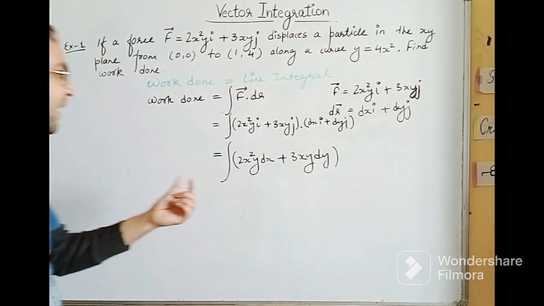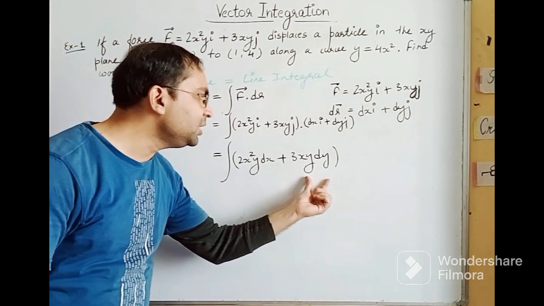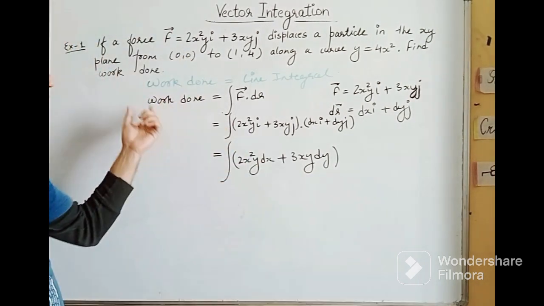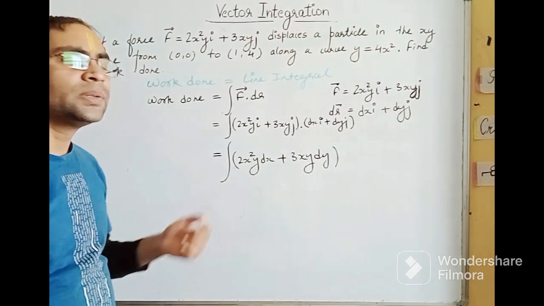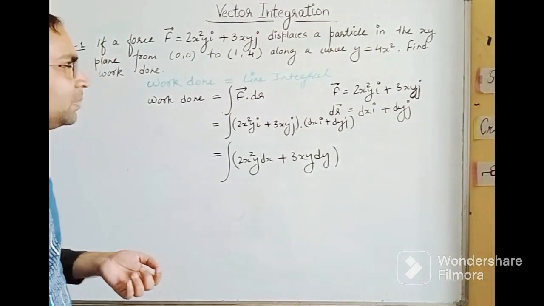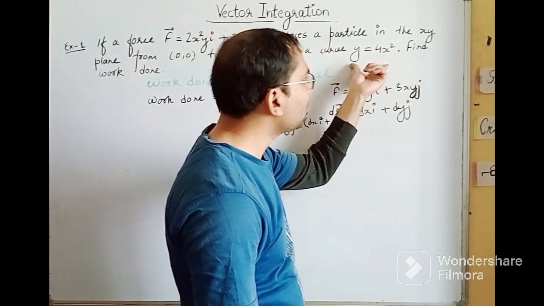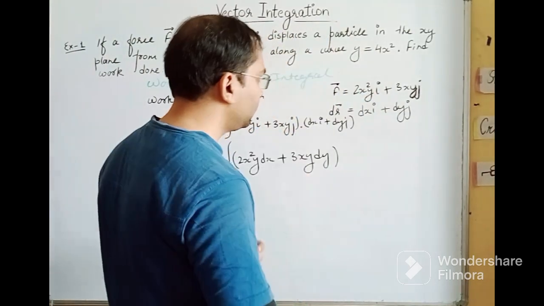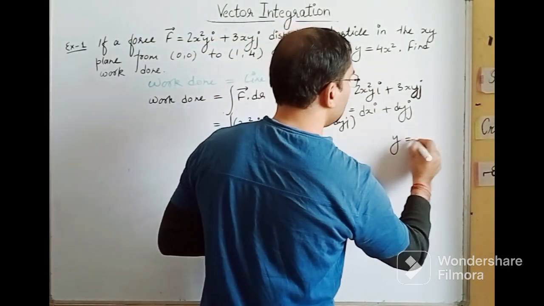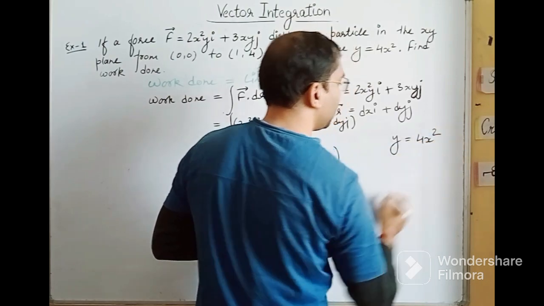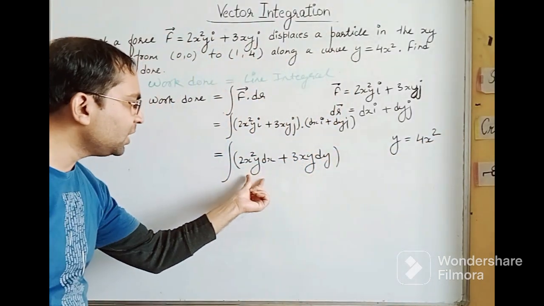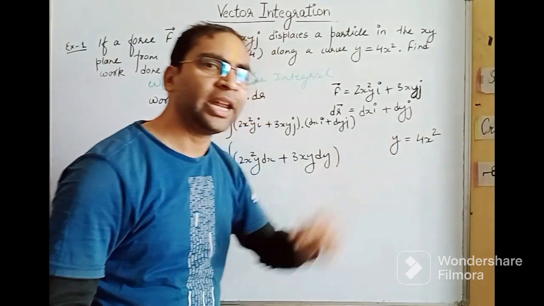Now we need to replace y and dy by x and dx, as this is a single integral. For that purpose, we will use the equation of the curve. From this we can see y is equal to 4x square. So this is one replacement: we will replace y everywhere by 4x square.